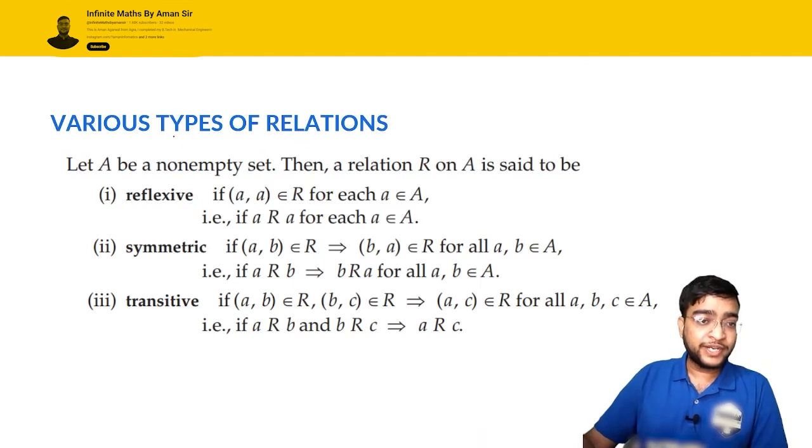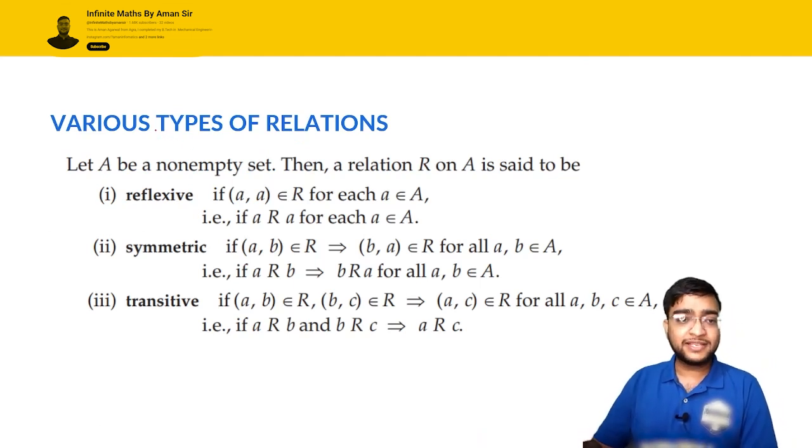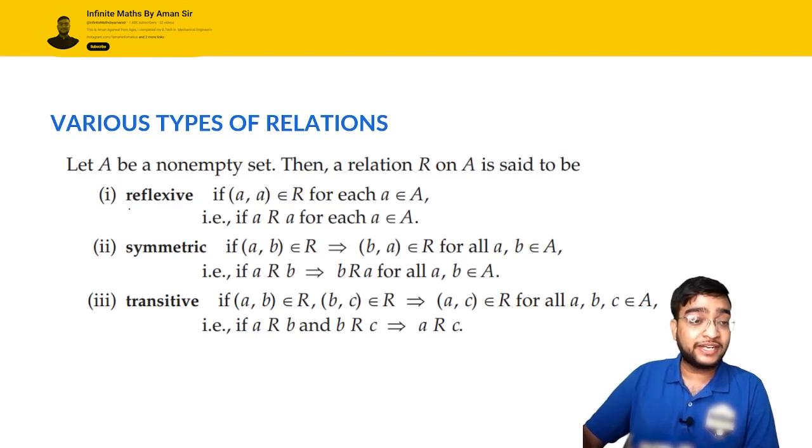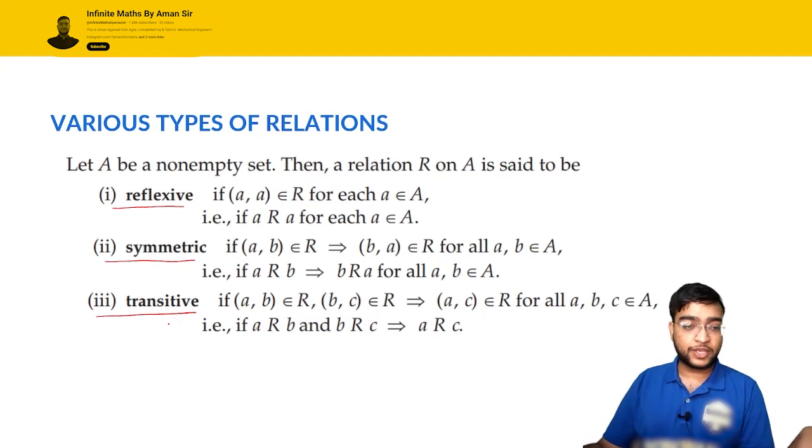Students, there are various types of relation, and the important types for 12th class are three: reflexive, symmetric, and transitive.